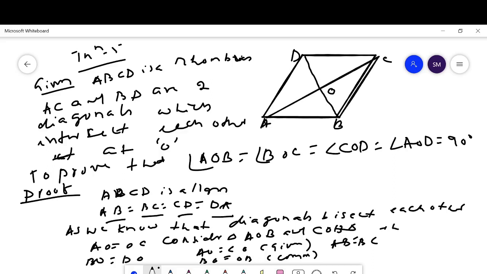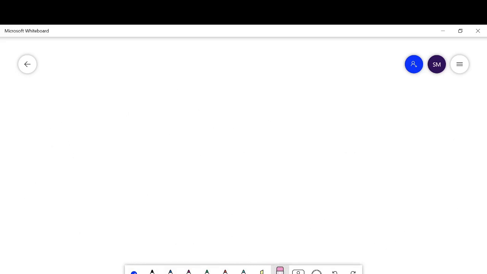Then by the SSS property, these two triangles are congruent. I will erase this and use the next page. Students, please recall. The triangle AOB is congruent with the triangle BOC.